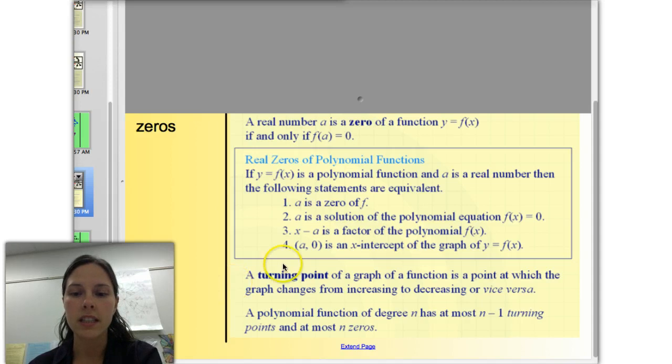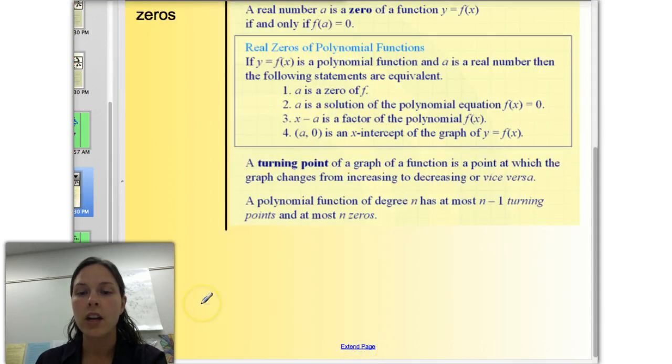Last piece down here is a turning point of the function. The turning point is where the graph changes from increasing to decreasing or vice versa. And for the polynomial, this last piece is talking about how many potential turning points a function could have. So it says a polynomial function of degree n.